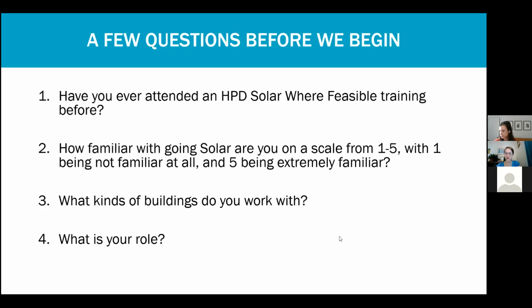And it looks like most people in terms of buildings are working with new construction buildings, but there's actually a pretty good distribution there. And it looks like a lot of you are architects or engineers, which means that I would love to plug again the next workshop that we're doing in 2 weeks on the 21st, that's specifically about designing for solar and keeping solar in mind as you're doing the designs.